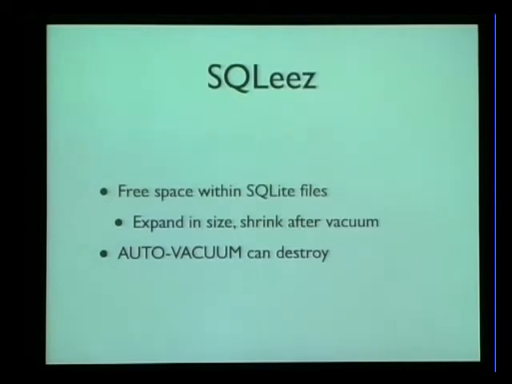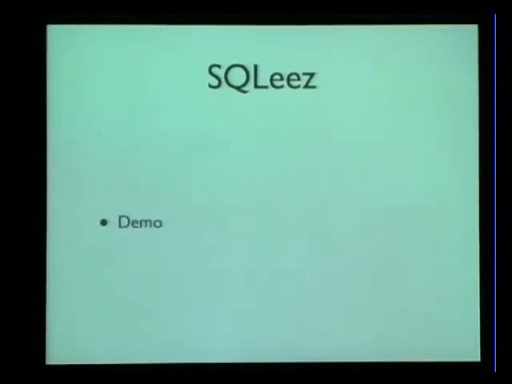The one problem is that if auto vacuum is enabled, it can cause your internal databases to be adjusted. When the B-trees get rebalanced, all of your stuff gets wiped out. So don't do it on live databases. That's bad. All right, I have a demo.